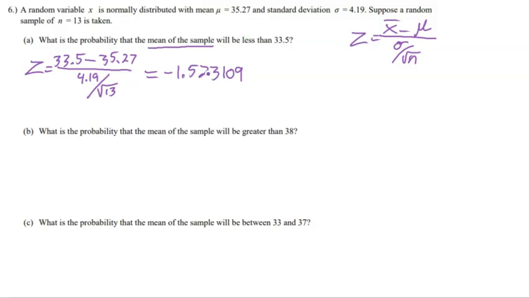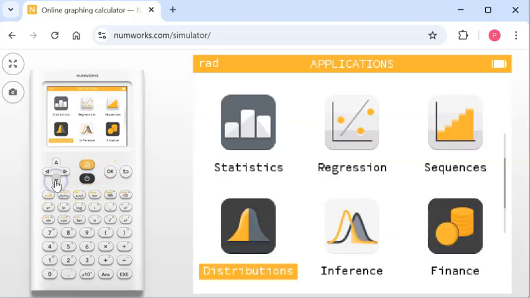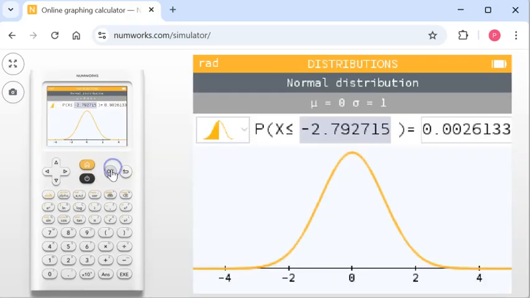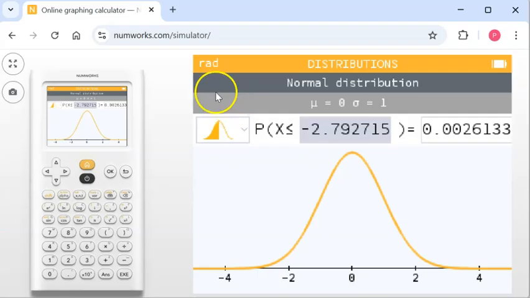And now, because it says a probability, now it says less than, so we got to turn this z-score into a p-value. To do that, we are going to move over to the NumWorks calculator, and now we got to switch to the distribution feature, so we got to go down to distributions, hit OK. This says less than. Is our question saying less than? It sure is, so we're going to use this one where the shading is in the left side.